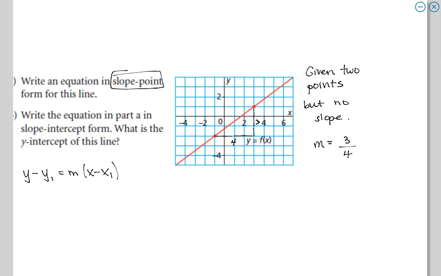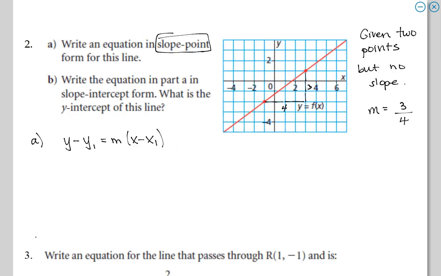Now, when you go to use this formula for the slope point, how many points do you need? Just one. But you have two available to you. Does it matter which one you pick? It does not matter which one you pick. I would prefer the easier one. It will be easier to push in positives than it is to push in negatives. So I'm going to use the point in the first quadrant there.